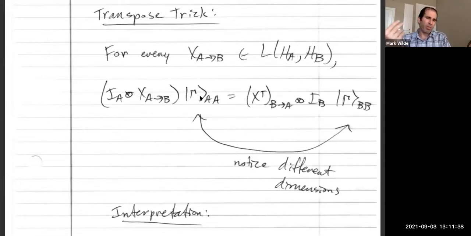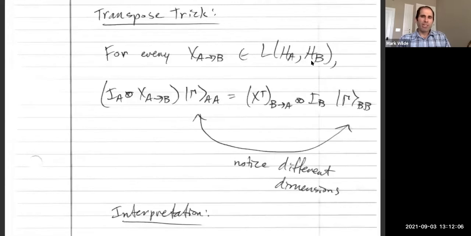Remember we said that transpose is a basis dependent operation. So if you take the transpose with respect to the basis that defines the maximally entangled vector, then this equality holds. So performing this operator here is the same as performing the transpose on the other side and tensoring with identity.